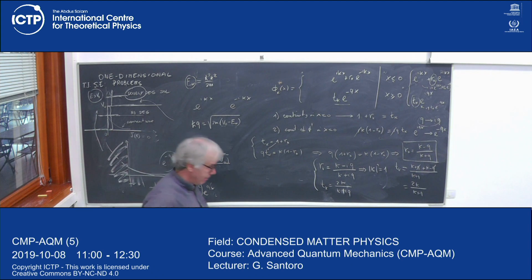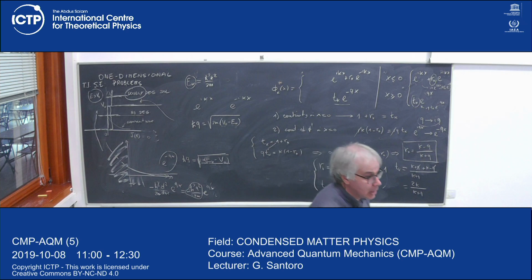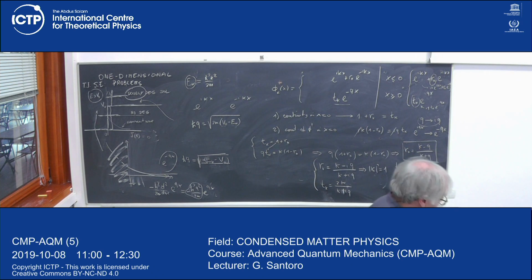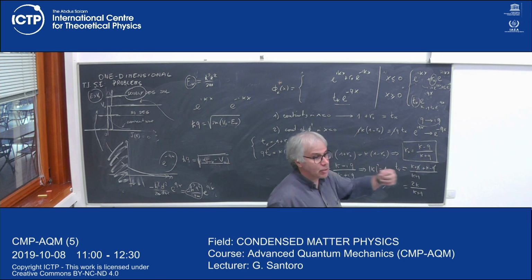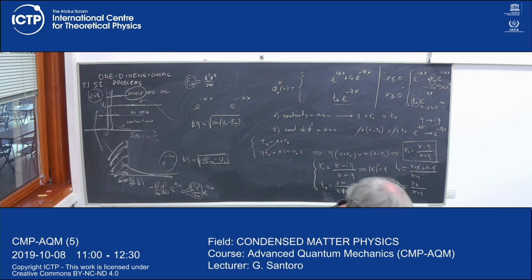So next time we'll do considerations about the current density, and we will discover why we need rk equal to 1 in modulus in order to have zero current everywhere. So more about this next time, where we will do also the finite square well.